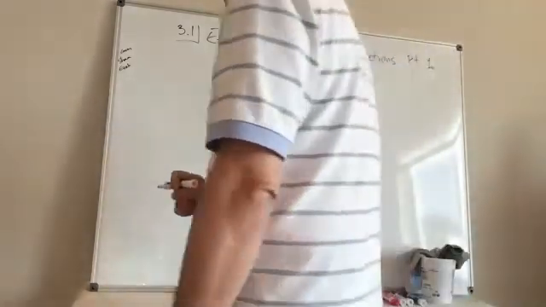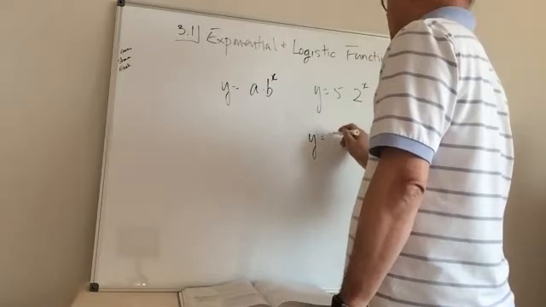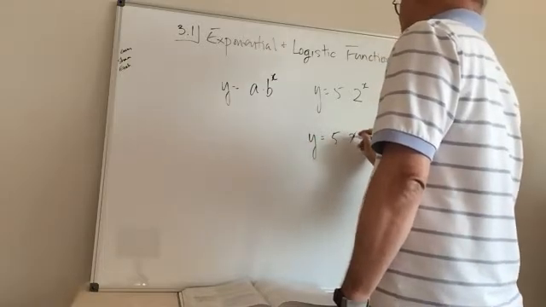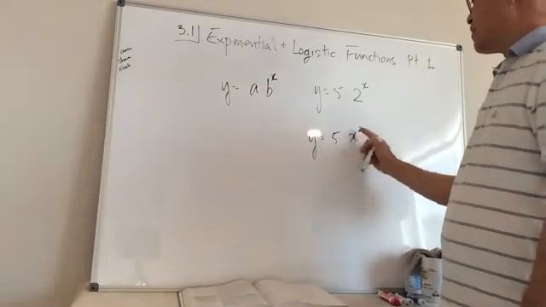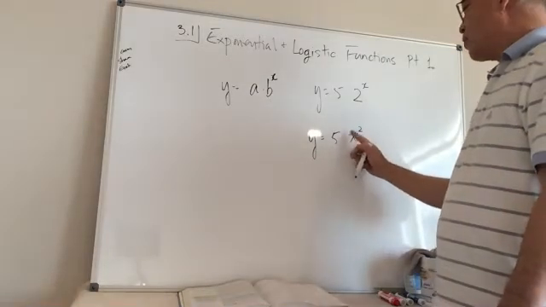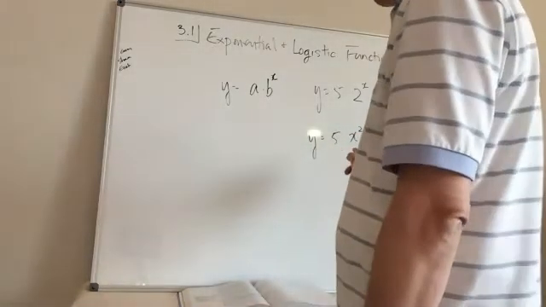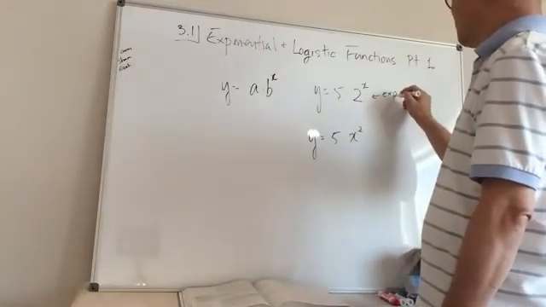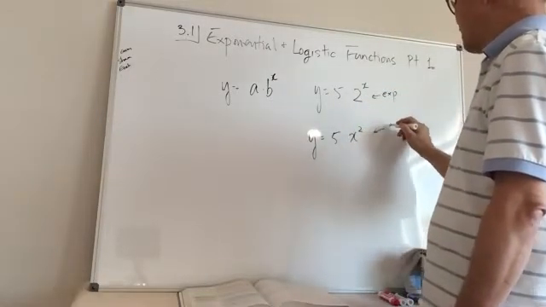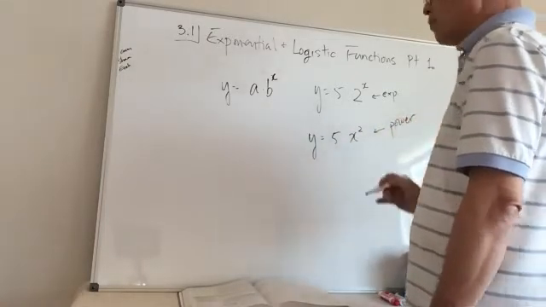The most common misconception from you guys is that you miss this with this. If you have the variable in the base, this is called a what kind of function? This was an exponential function. This guy is called a power function, right?